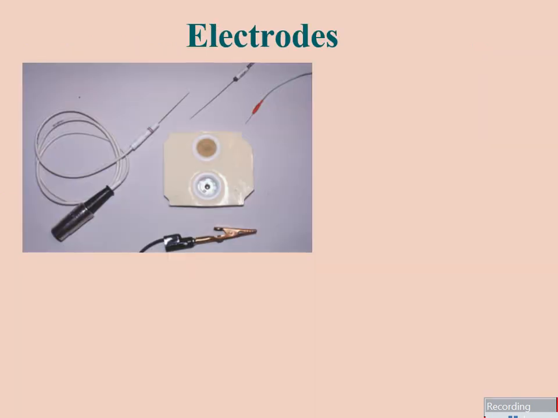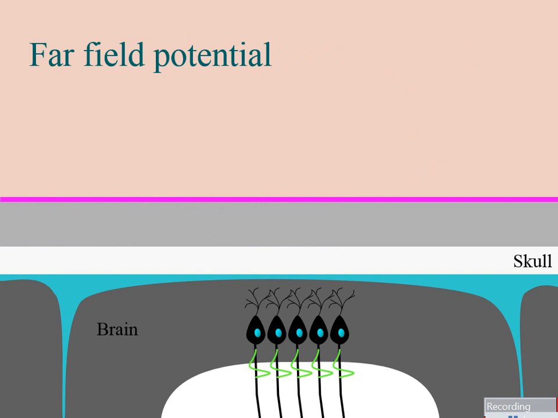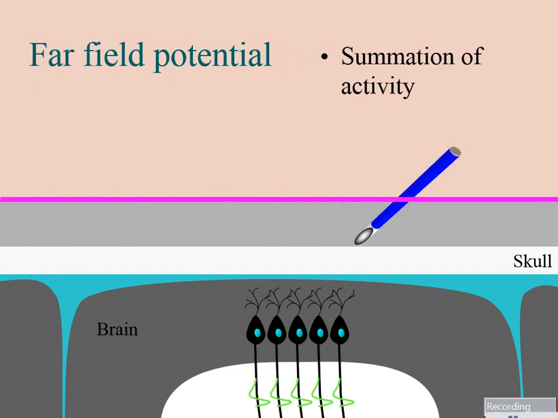But we're still going to have this sink-source kind of activity going on there, where as those action potentials flow away, the ions have to move around to kind of restore equilibrium. Only it's not a linear kind of process. It's more a summation of all these things that are happening in the brain, remote from our recording, and this is called a far field potential.